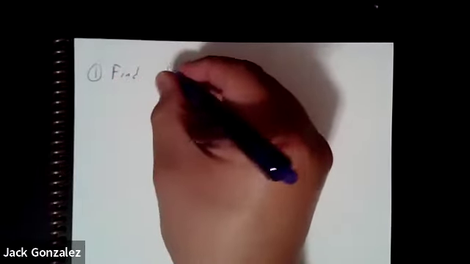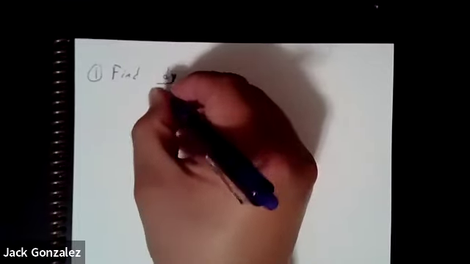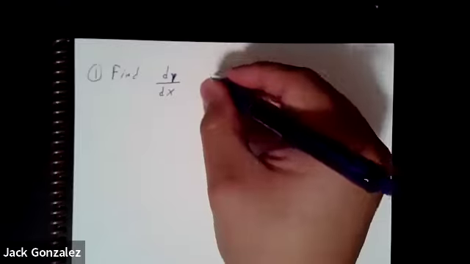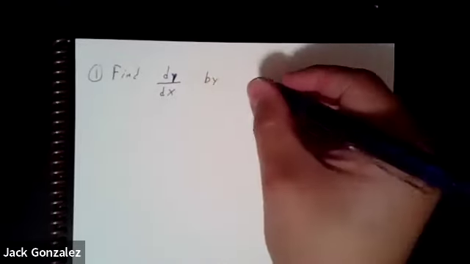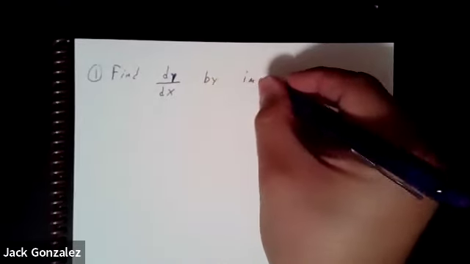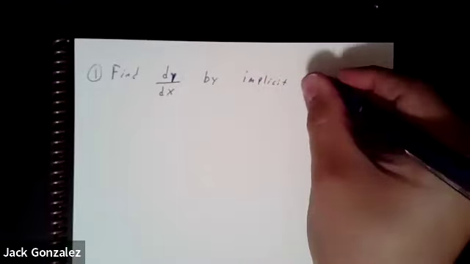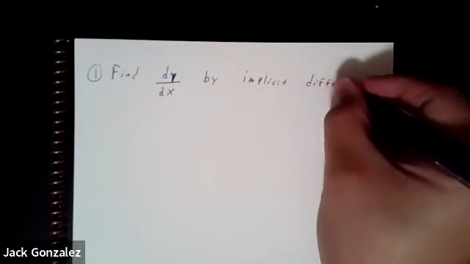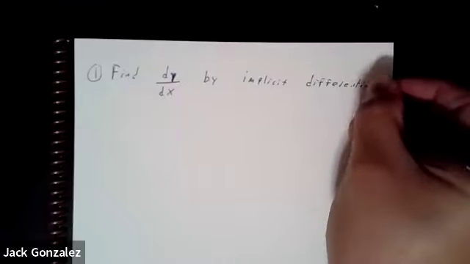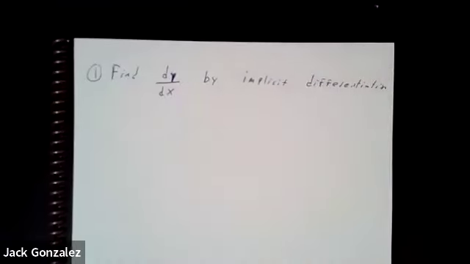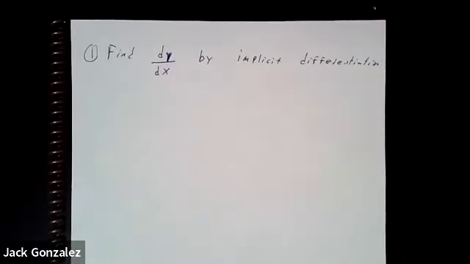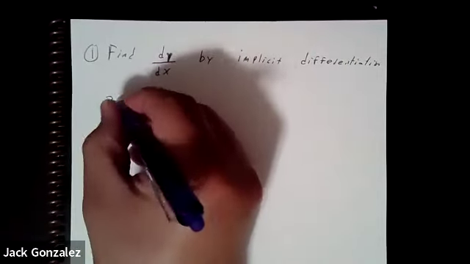Okay, question number 1. I don't know if this is in the homework, but I think I may have made it up. I forget. Find dy dx by implicit differentiation. So here we go.